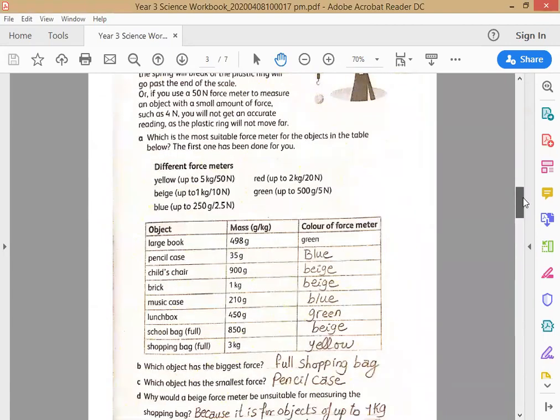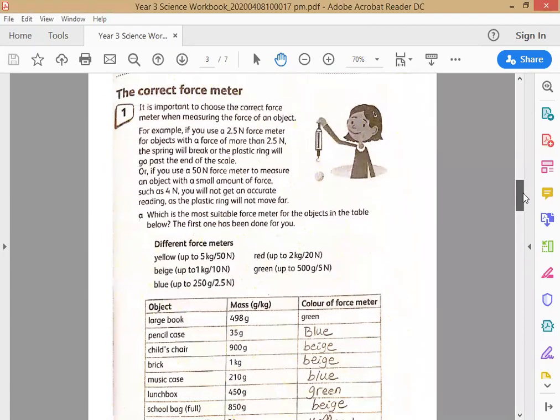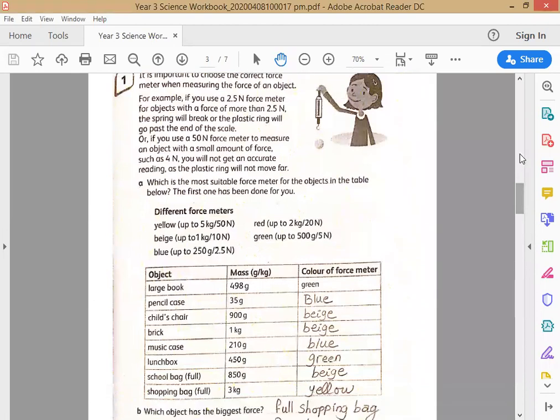On page 71, here he's speaking about the force meter. Do you remember what a force meter is? We said it's a device which we use to measure the force pulling down an object. And we said that a force meter consists of a spring and a hook where we are going to place the object.